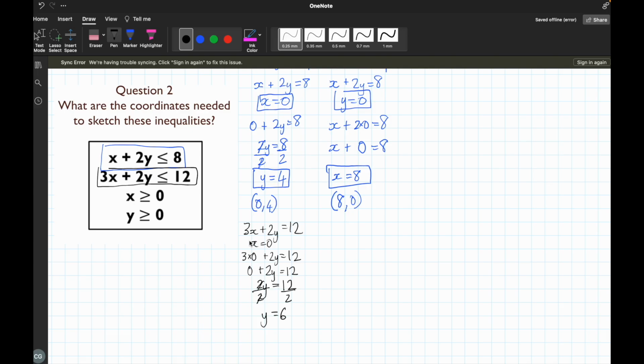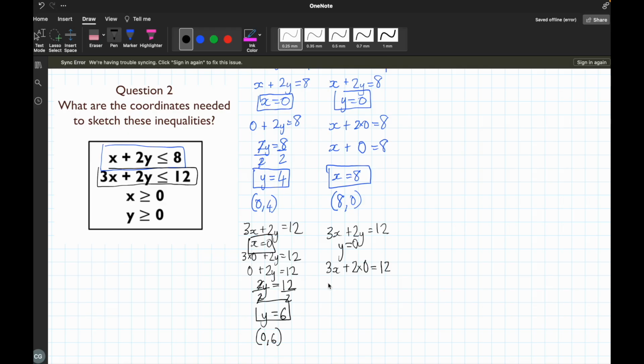So what would be my coordinate if I have x is equal to 0 and y is equal to 6? (0, 6). Now, I have to do this again, but this time I'm going to say that y is now equal to 0. Alright, so then I can substitute and say that 3x plus 2 times y, which is 0 in this case, is equal to 12.